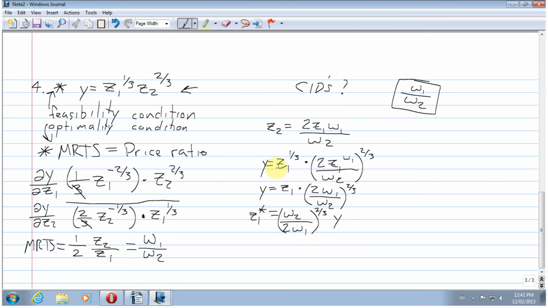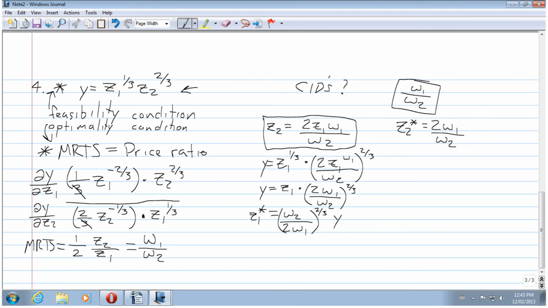So then I'm not done yet, even though it looks like I have some kind of solution for z2. This is not a conditional input demand. Why is that? Well, because it says nothing about my function of z2 as a function of y. So in order to get z2 star, I'm going to plug in z1 star instead of z1, and I'm going to do this just to make it easier.